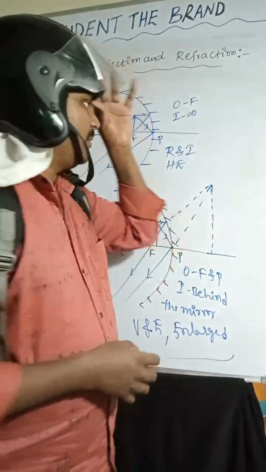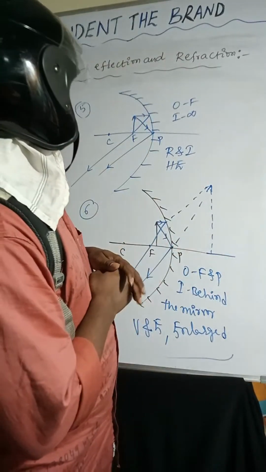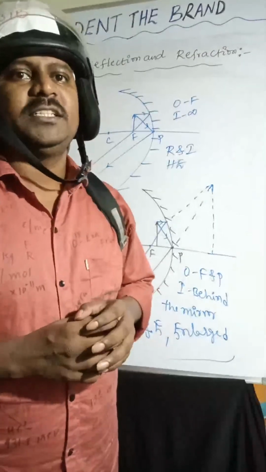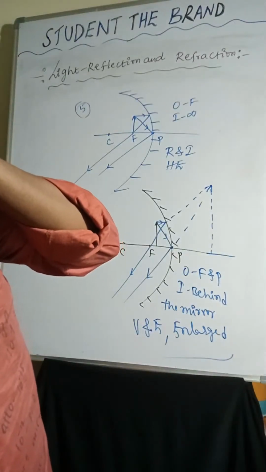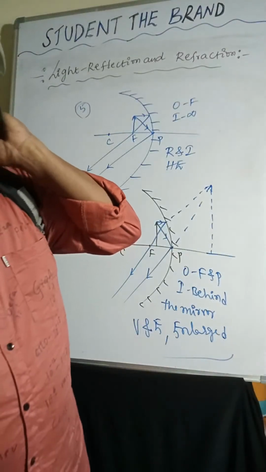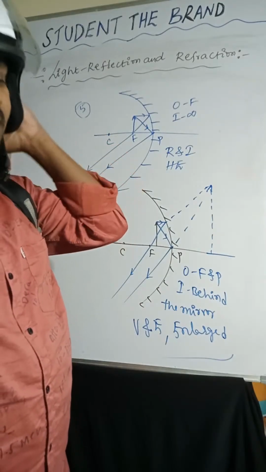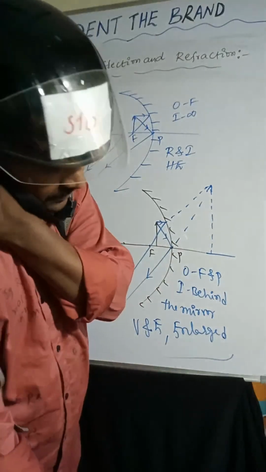Till now, we discussed light reflection and diffraction. In that, we discussed image formation by concave mirror. Next, we'll discuss image formation by convex mirror. This is about concave mirror. Now, we will discuss convex mirror.